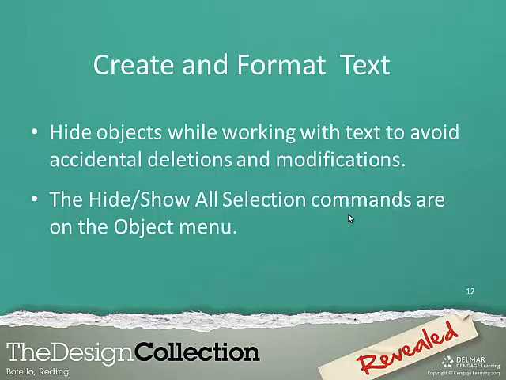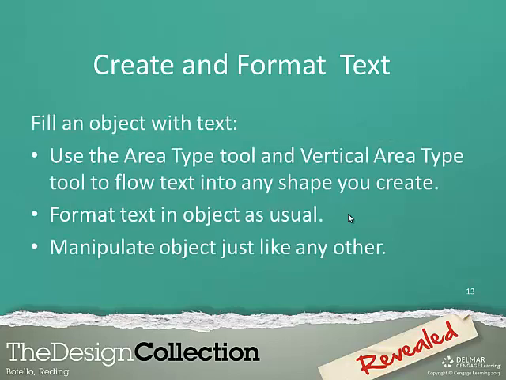And then starting on page 2-6, you have the first part of your tutorial that you need to work through, working through some of these concepts of working with text. And then the lecture picks back up over on page 2-10 on lesson 2. We'll start talking about filling an object with text.